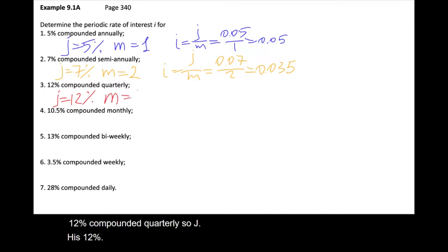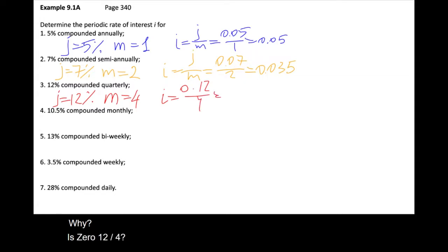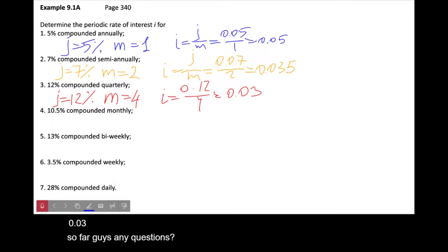M is what? 4, right? So I is 0.12 over 4, which is 0.03. So far, guys, any questions? Okay, let's continue.